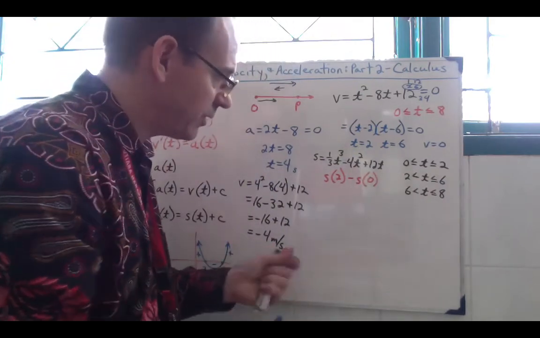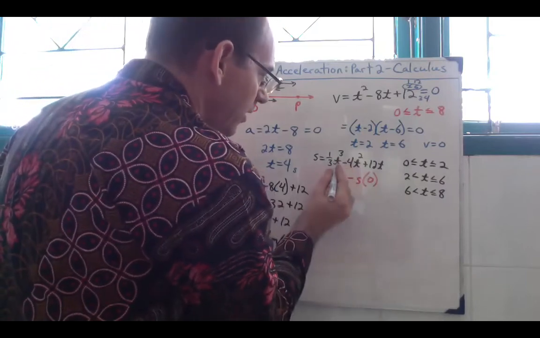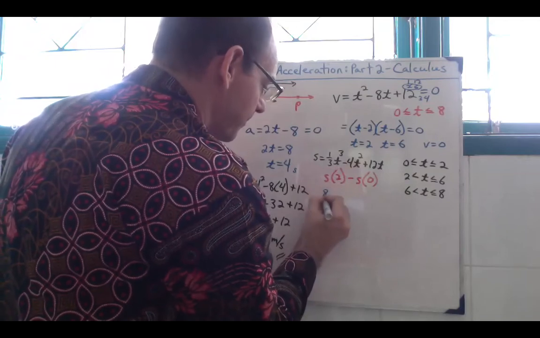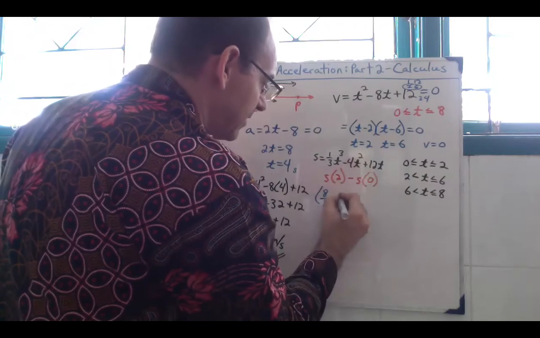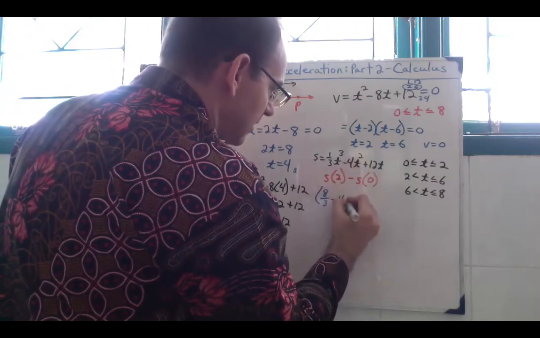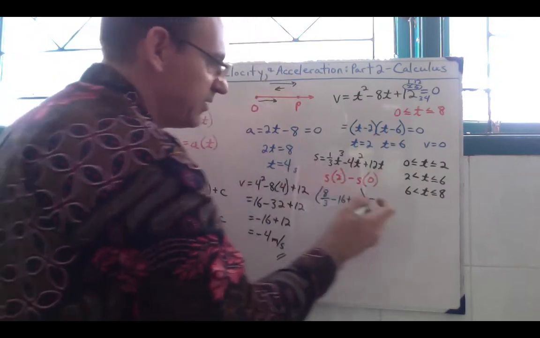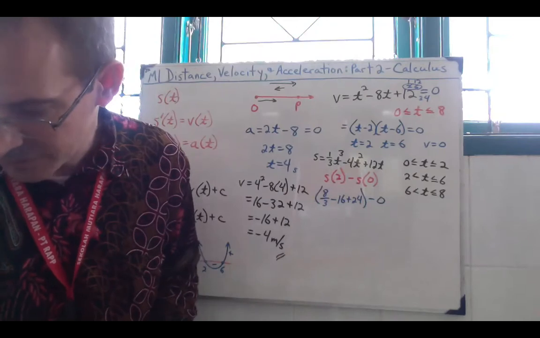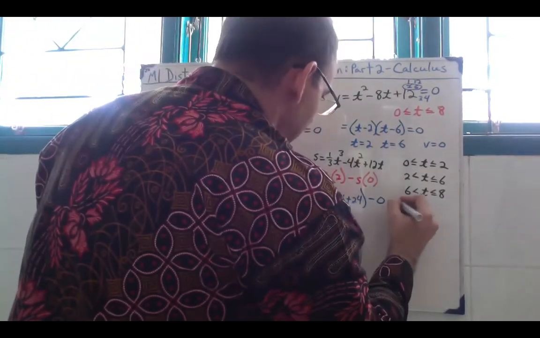So when we do this one, our position function here, we have 2 cubed is 8/3 minus 4 minus 16 plus 24, and then minus, when you plug in 0, obviously 0. And when you get all of this, we end up with 32/3.